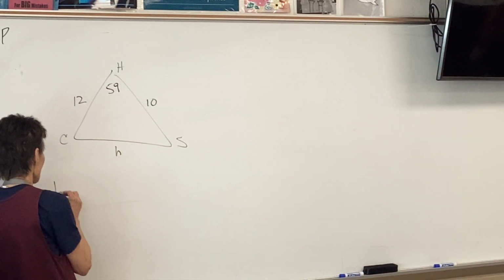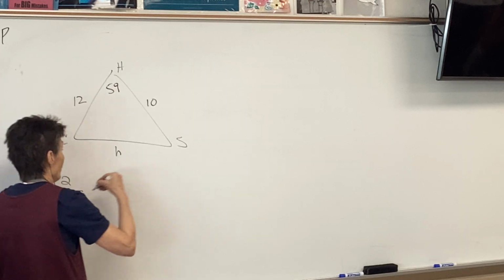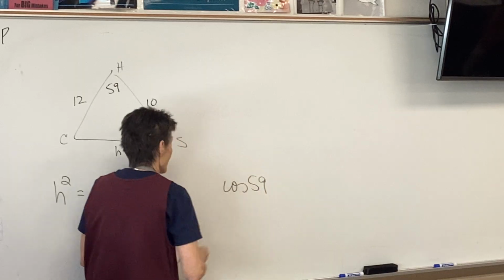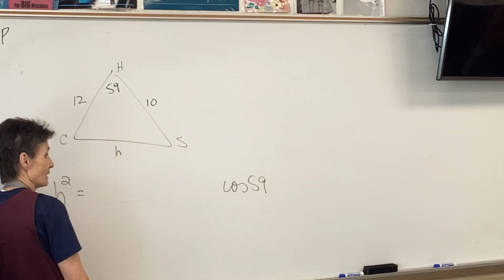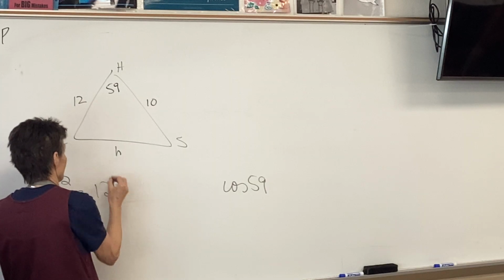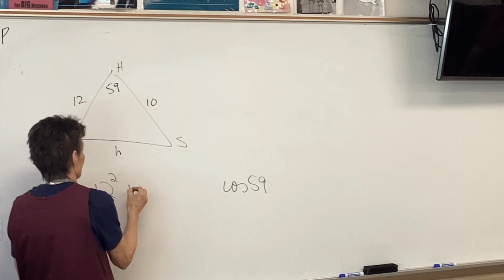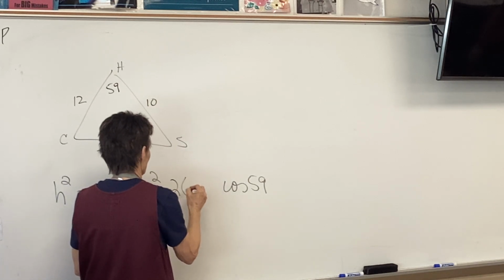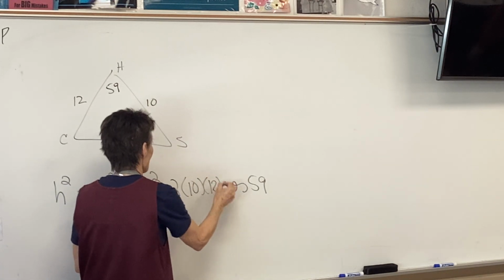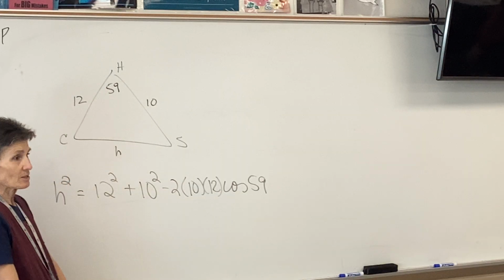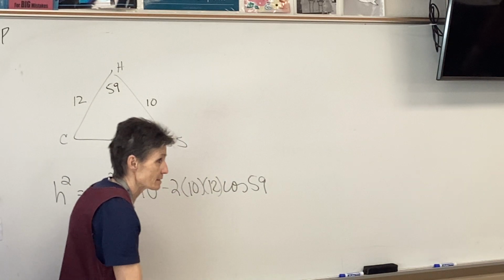So over here, I'm going to have h squared, over here cosine 59, and then anybody remember what's in the middle? 12 squared plus 10 squared minus 2 times 12 times 10. The order doesn't matter, so that's fine. That's your law of cosines.